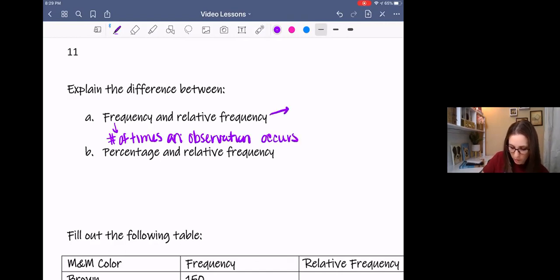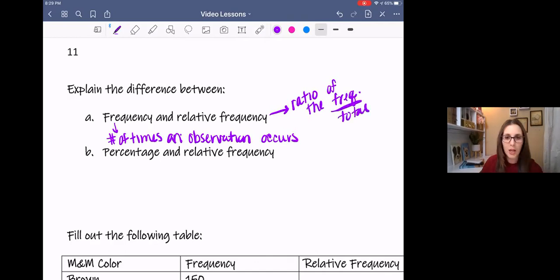And a relative frequency is a ratio of the frequency over the total. And remember, the total is not the total of the values, the observations. The total is the total of how many observations there were. So you have to be very careful about that.